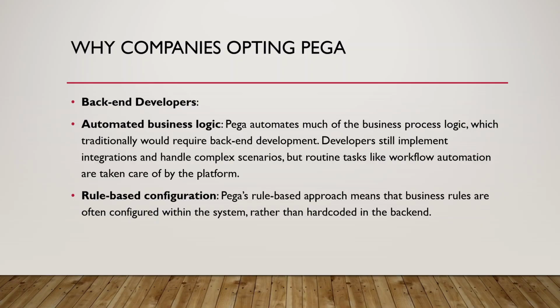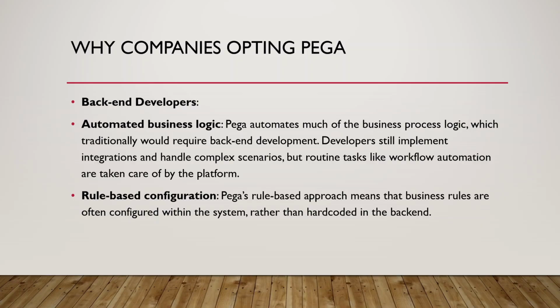If a company wants to spend 2x money on two individuals, for front end and back end, instead they will hire one person in Pega by providing 1.5x. It means that you are getting paid more compared to a person working in another tool, and companies are also saving time and money. So that's the reason why companies are opting for Pega. The reason is very simple.